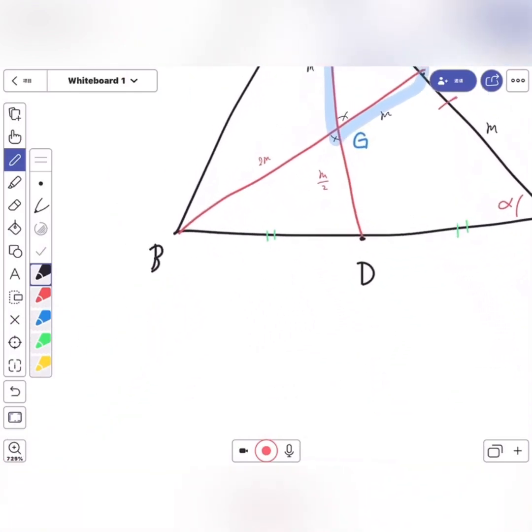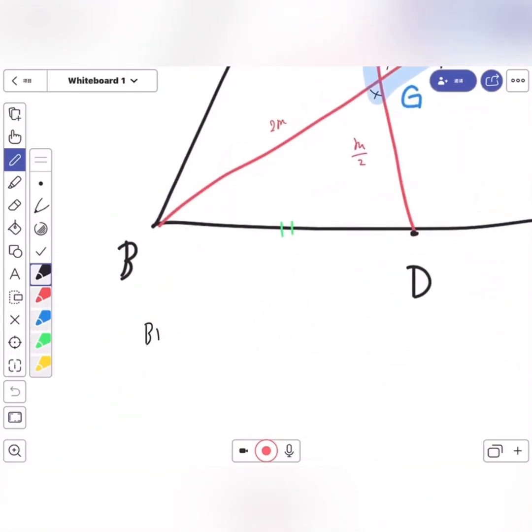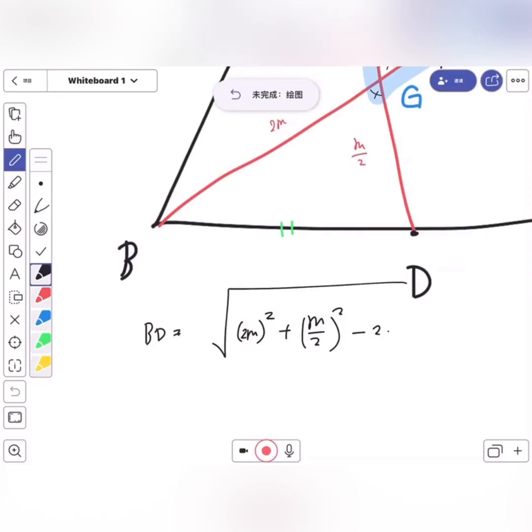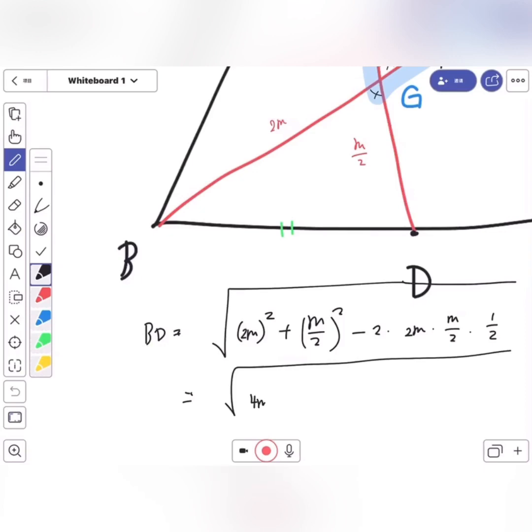So for BD, we break out some law of cosines: the square root of 2m squared plus m over 2 squared minus 2 times 2m times m over 2 times the cosine value, which is just 1/2, equal to the square root of 4m squared plus m squared over 4 minus m squared, since these cancel out.